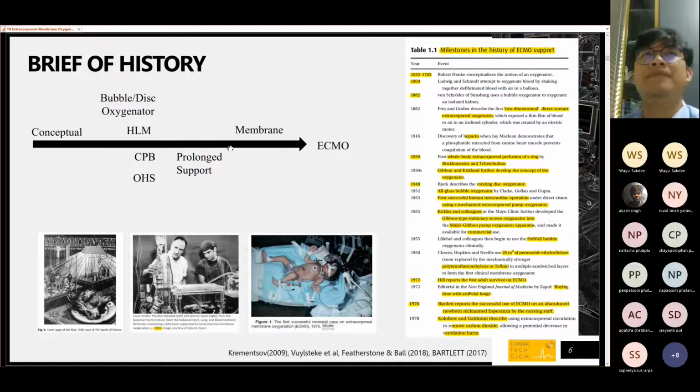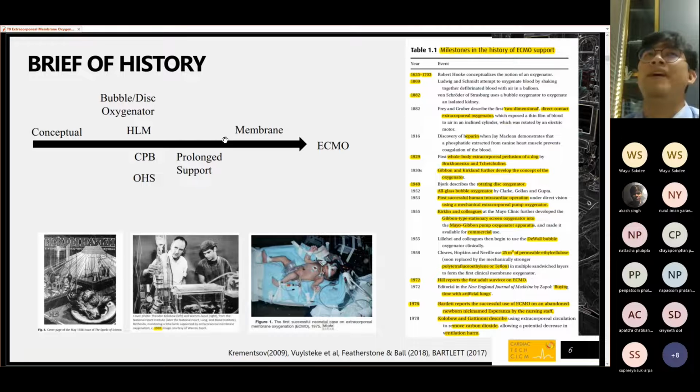So if there is someone who cannot be supported by a ventilator, or the ventilator cannot help enough, they also put some cases on a CPB, but move that into the ICU.